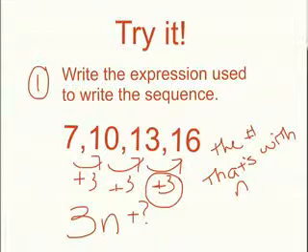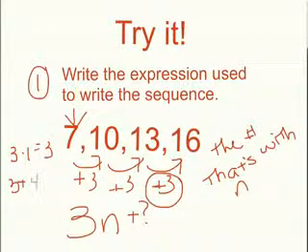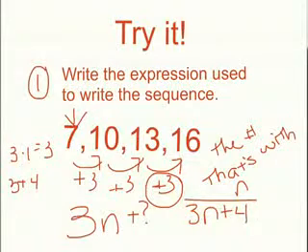Let's see what I need to add. If I do 3 times 1, that gives me 3. Is that the first number that I wanted? No, right? How much more would I need to add? I would need to add 3 plus 4. So I would add 4 more to get there. So that's the number that we're missing. So this would be 3n plus 4.